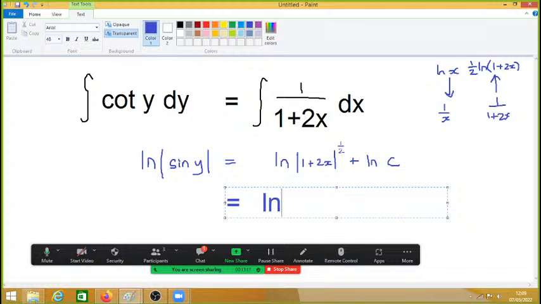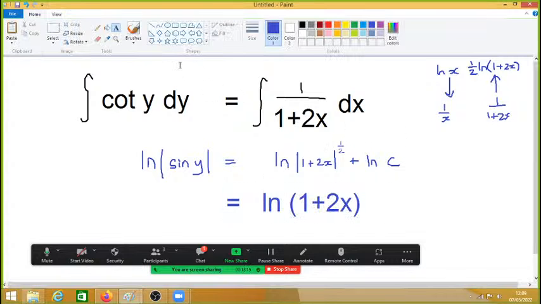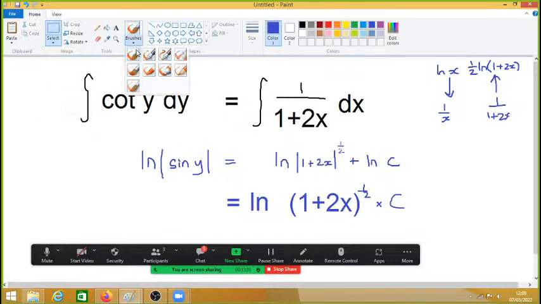So that would just become natural log of 1 plus 2x to the power half times by C. We can bring the C to the front rather than have it at the end.